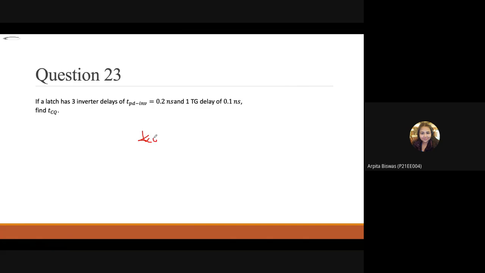TCQ is equal to three inverter delays, so 3 into 0.2, and one TG delay is 0.1 nanosecond, plus 0.1. The answer is 0.7 nanosecond.